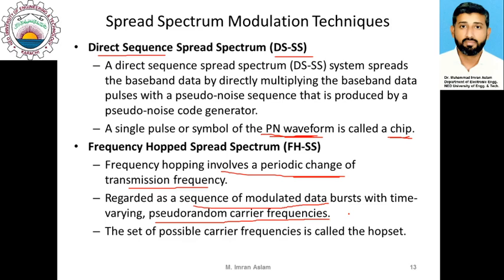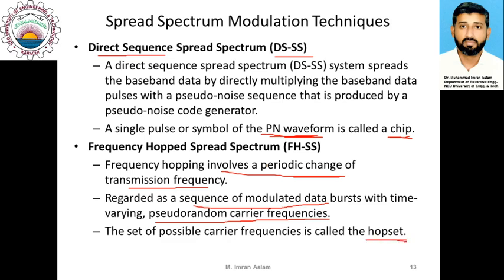And similar to the PN sequence, the same pseudo random frequencies need to be used at the receiver side in order to calculate the correlation and recover the original signal. The set of possible carrier frequencies is called the hop set.